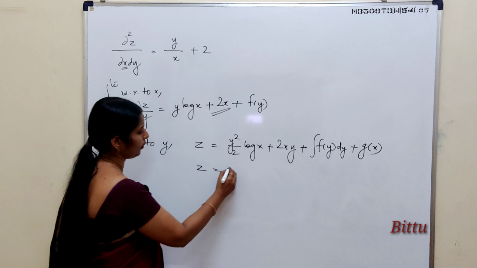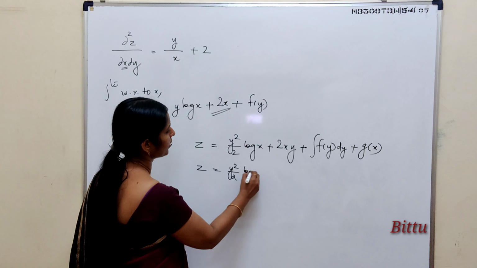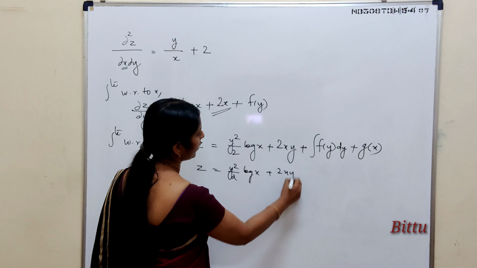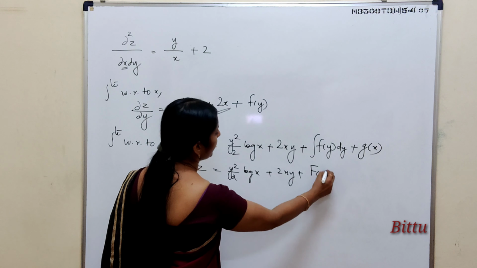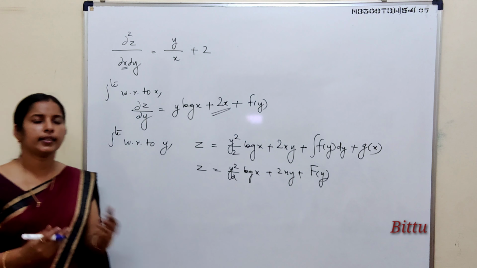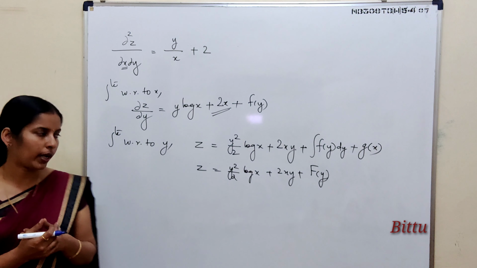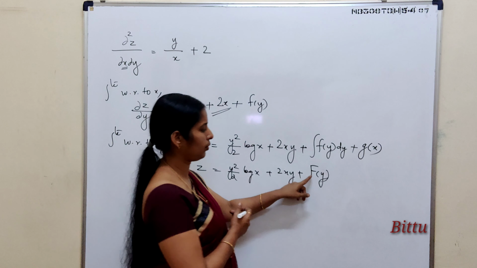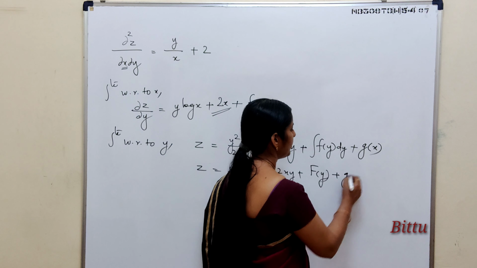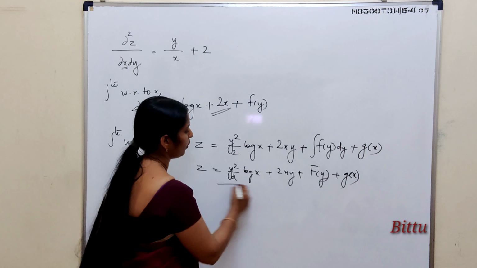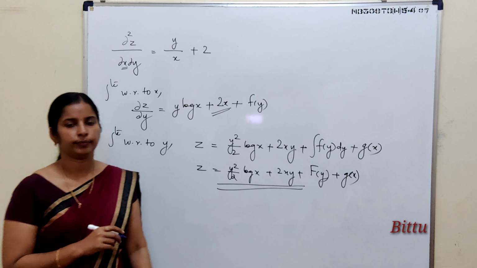That is z equal to y squared by 2 log x plus 2xy plus, while integrating a function of y, you can see the answer is again a function of y. You denote it by capital F of y, plus g of x. See, this is our solution.